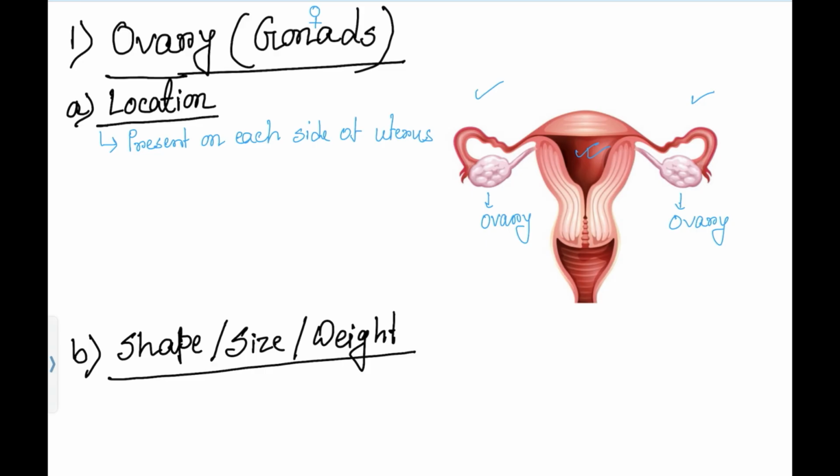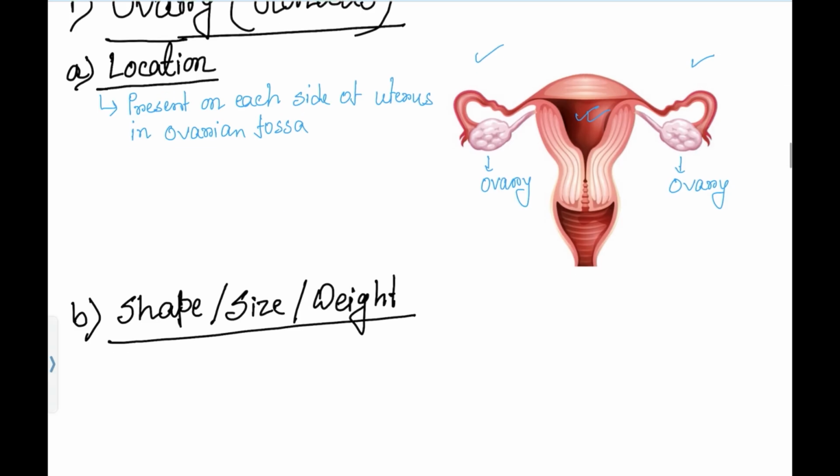It is present on each side of the uterus in the ovarian fossa. That's what you need to remember regarding the location of the ovary. It is attached through various ligaments, which we will discuss further.